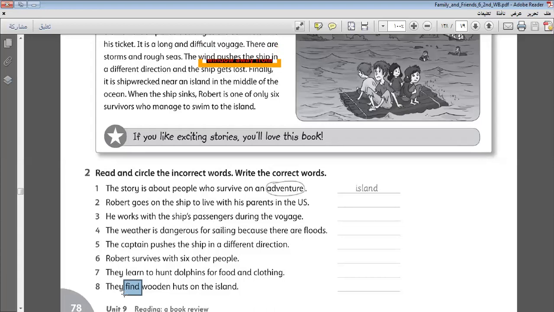They build or they built wooden huts on the island. This is for all the answers on exercise number 2.